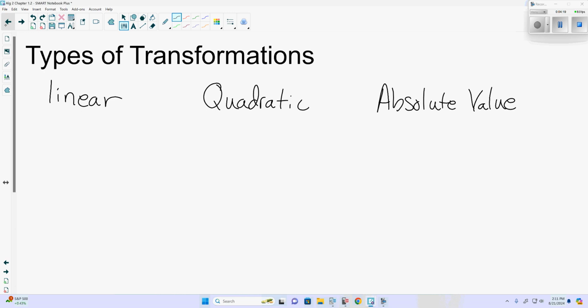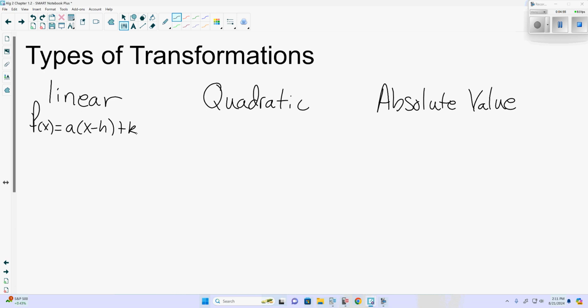So for linear, f of x equals a parentheses x minus h close parentheses plus k. This is the general form. So given a value for a, h, and k, we can make any type of linear equation that we want. Now, it could be that h and k are both 0. We don't necessarily have to have a specific value for it, because if it's 0, we don't write it.